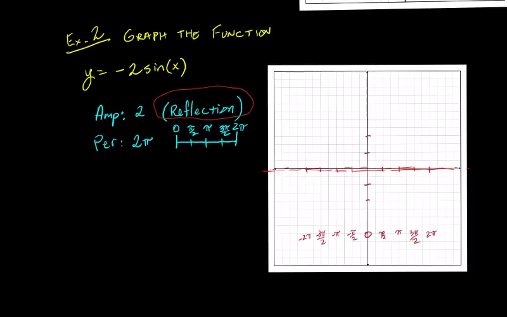But from there, instead of going up the amplitude, I'm going to go down the amplitude. So our amplitude is 2, so I'm going to go down 2 and then up 2. I'll basically reverse the process, and then we can keep going.